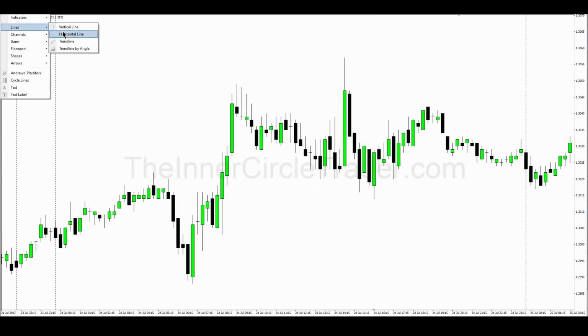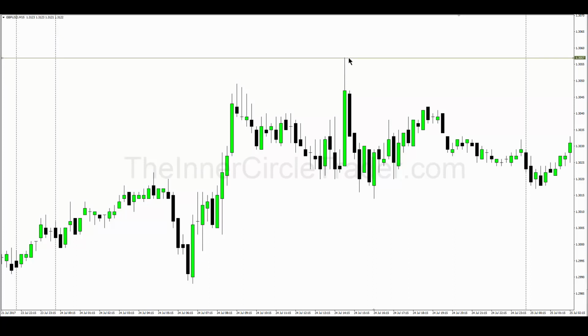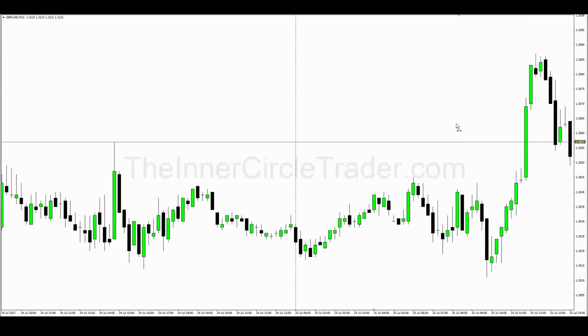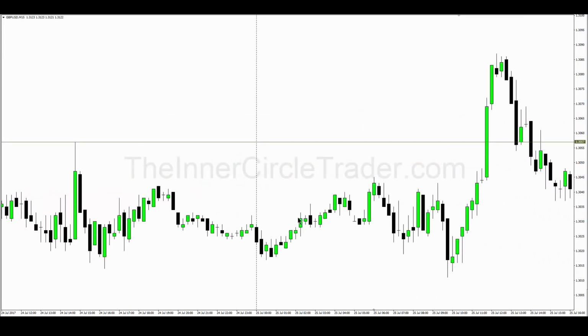I'll put a horizontal line on the chart to facilitate that. Okay, so here's where the liquidity is. We're running for 130.57. This day here, we're looking for a scenario to get long to run that liquidity pool.